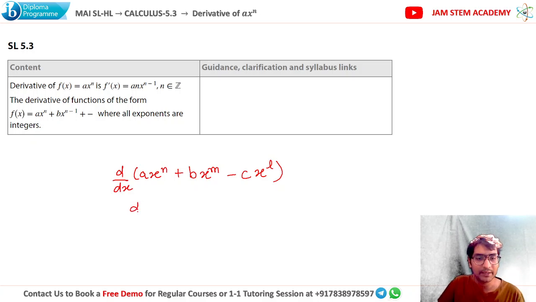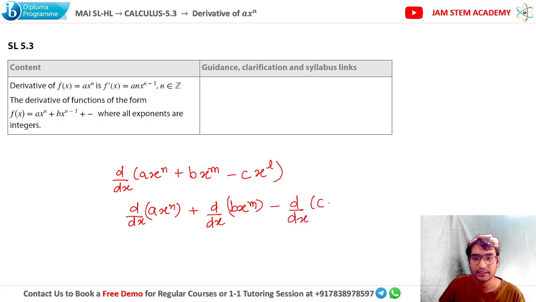So first step is to rewrite it as d over dx of a times x raised to the power n. Then there was a plus sign. Then derivative of b times x raised to the power m. Then there was a negative, so keep it negative. d over dx of c x raised to the power l. Now use this: f(x) is equal to ax to the power n, then f prime is given by a n x raised to the power n minus 1.